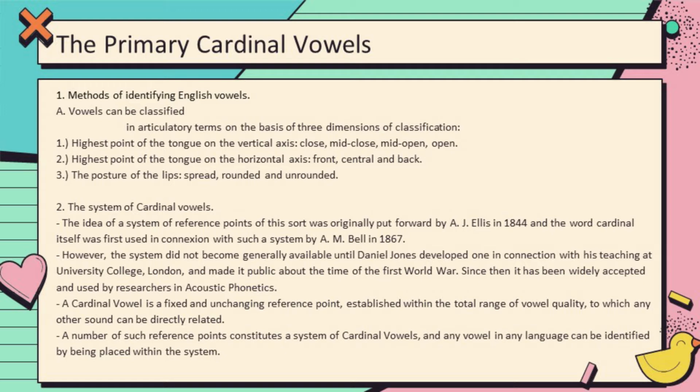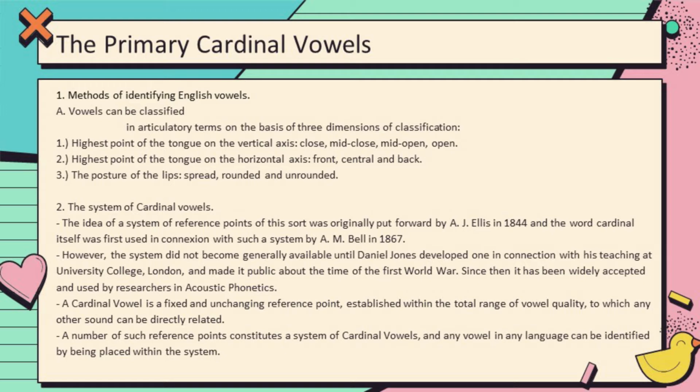Second, the system of cardinal vowels. The idea of a system of reference points of this sort was originally put forward by A.J. Ellis in 1844, and the word cardinal itself was used in connection with such a system by A.M. Bell in 1867.